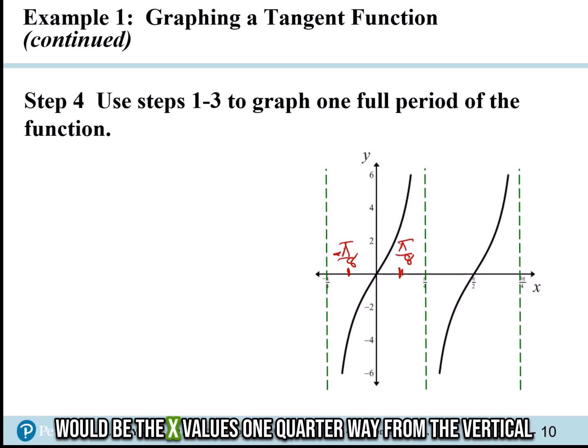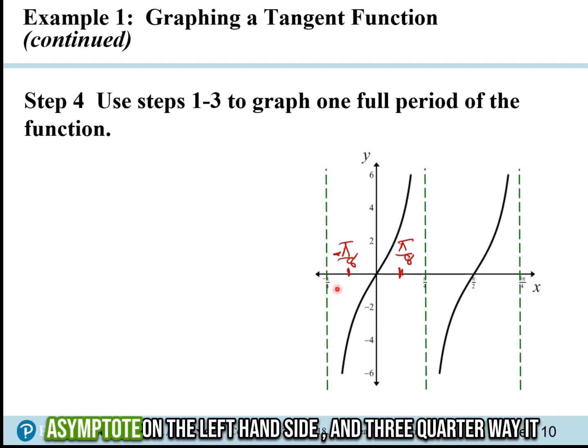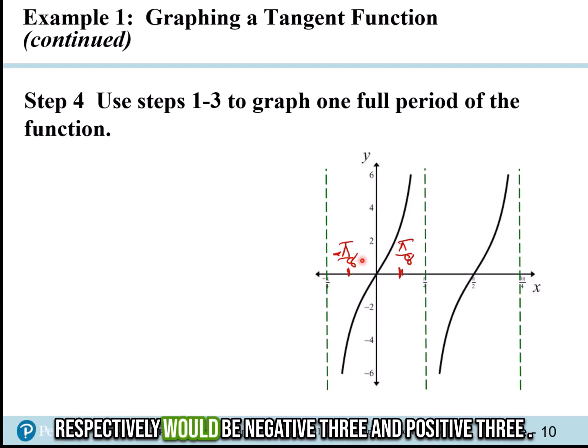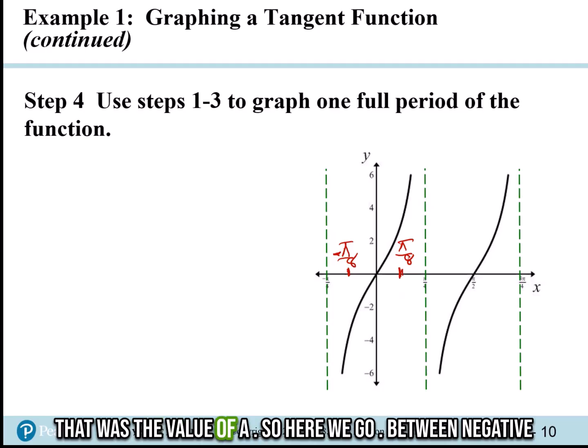Those would be the x values 1/4 way from the vertical asymptote on the left hand side, and 3/4 way. We know that the y values respectively would be -3 and +3. That was the value of a.